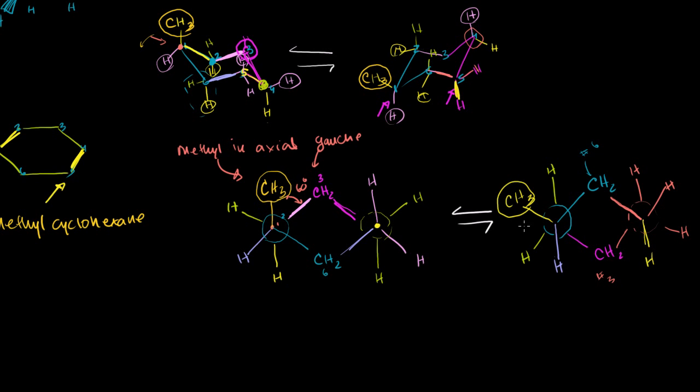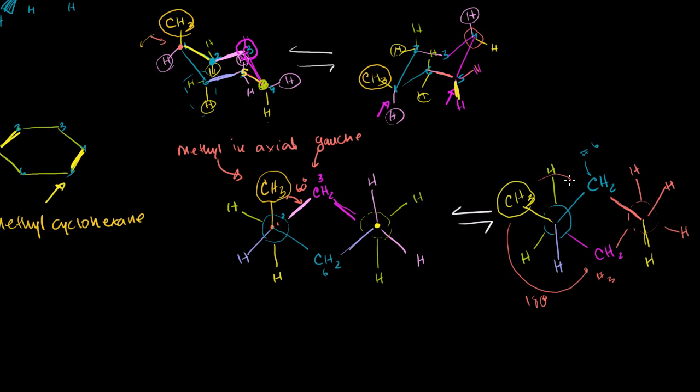So what do we see about this methyl group here? In this situation, there's two ways to think about it. Its dihedral angle versus carbon number 3 is now 180 degrees. Over here, it was gauche, 60 degrees. Now it's 180 degrees, so it's much further.